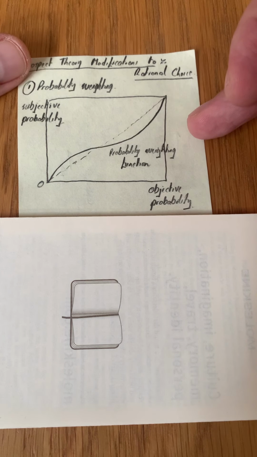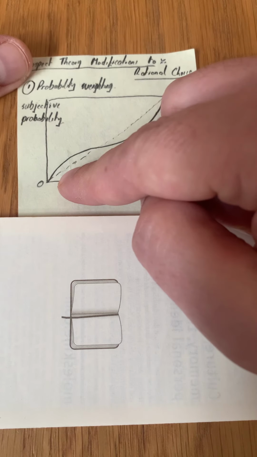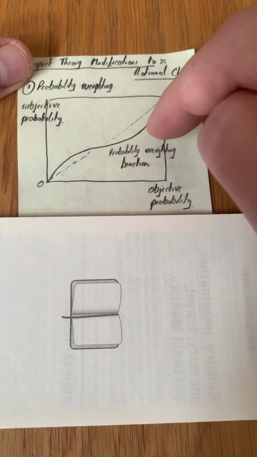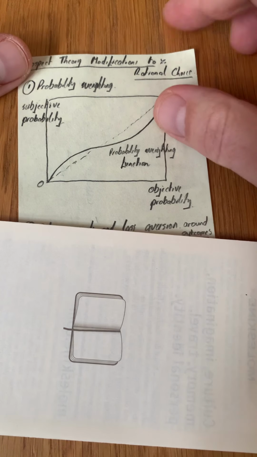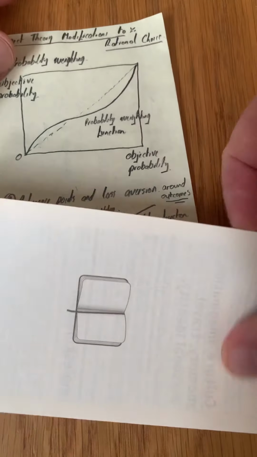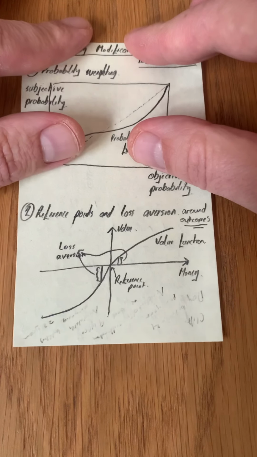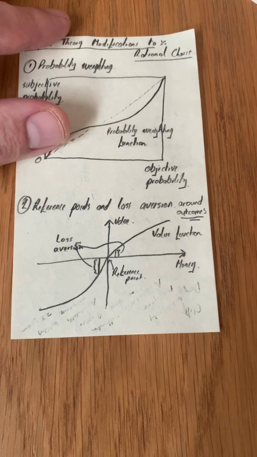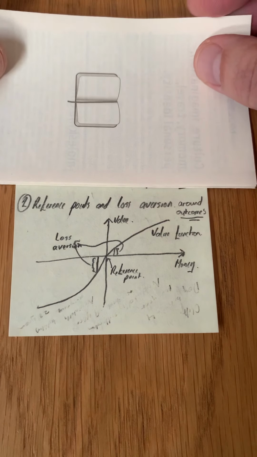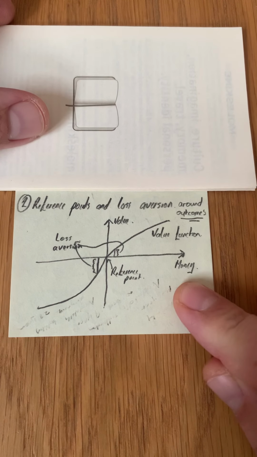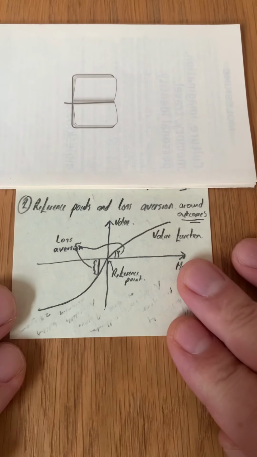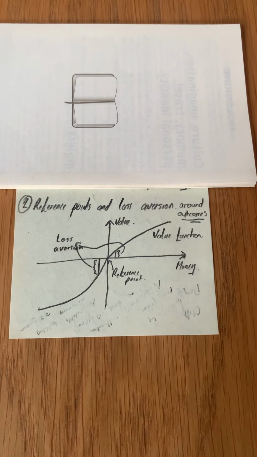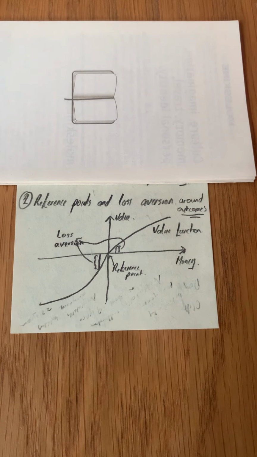So that's the first major modification. Probabilities are not subjectively processed as they are objectively given, but people overweight small probabilities and underweight large probabilities. The second major modification that prospect theory makes to expected utility theory, or standard rational choice theory, or standard economic theory, is that the carriers of value are not assumed to be what people end up with.